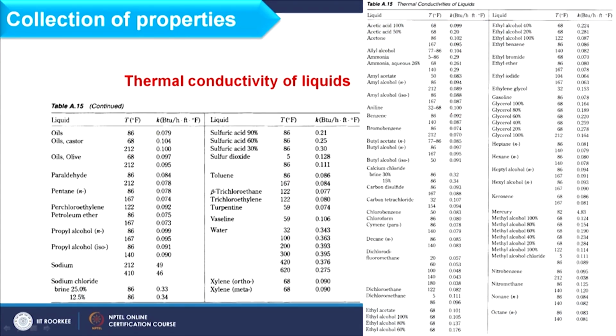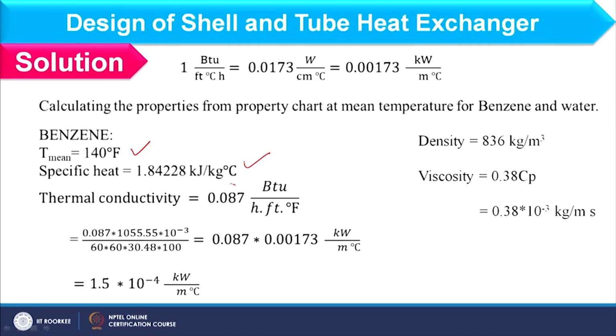If you see here, I have benzene, and corresponding to 140 degrees Fahrenheit we have a value of 0.87, right. So, that 0.87 we have considered, and then converting it into the desired unit, we find the thermal conductivity of benzene as 1.5 into 10⁻⁴ kilowatt per meter degree Celsius.